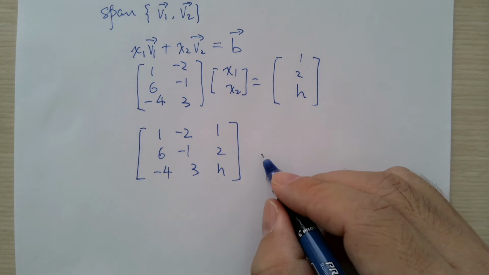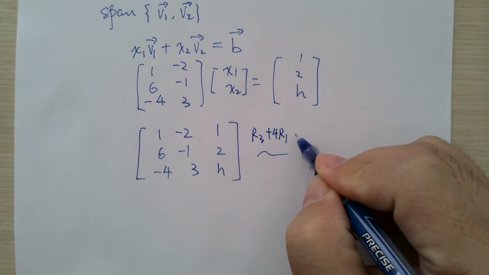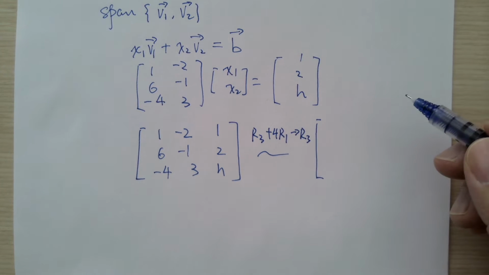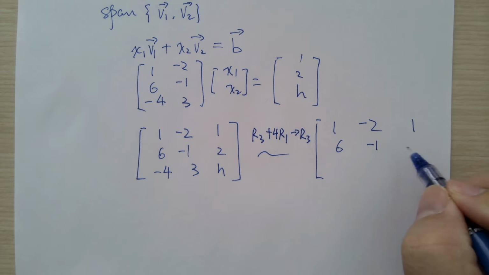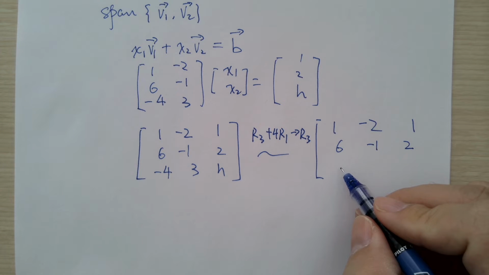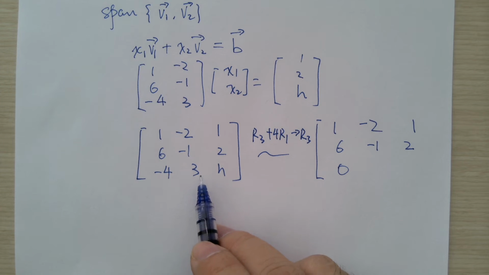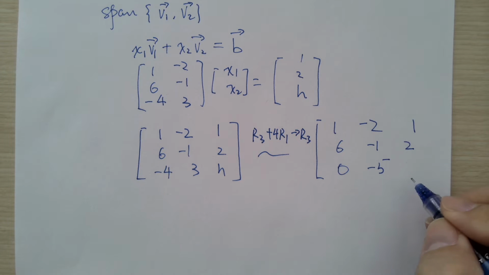As you can see, if we let row 3 plus 4 times row 1 become the new row 3, clearly it will be 1, -2, 1, 6, -1, 2, and then we're going to have 0 here, right? So 3 plus -8 becomes -5, and then of course it's h plus 4, right?